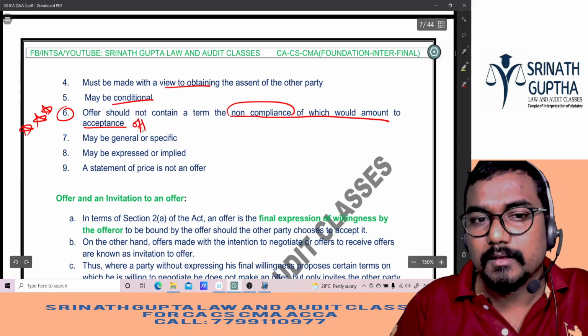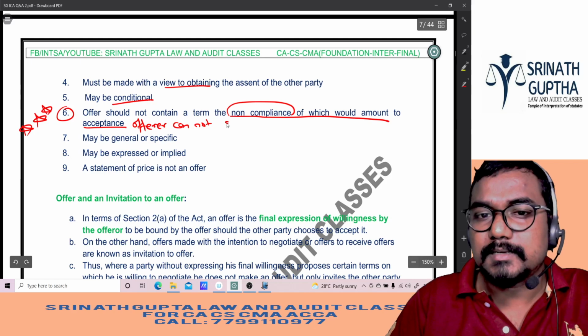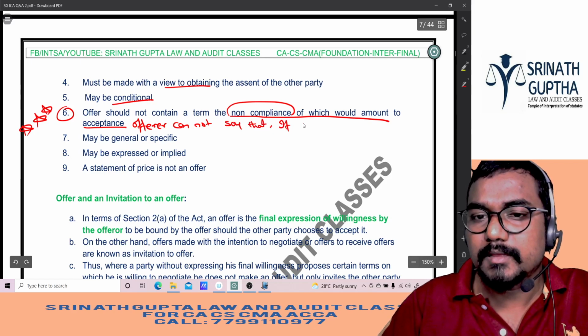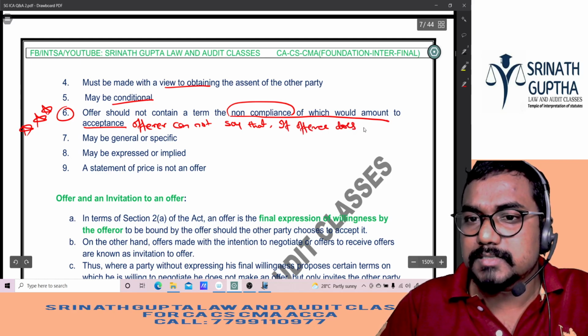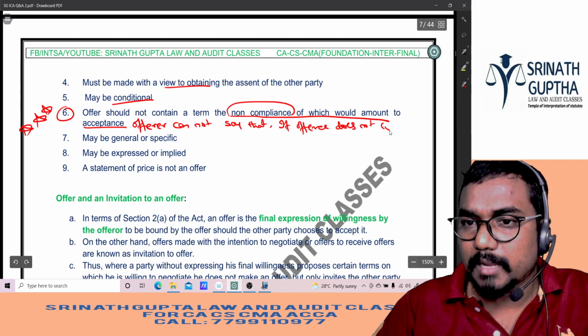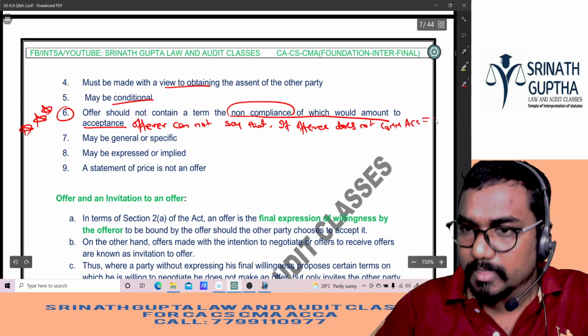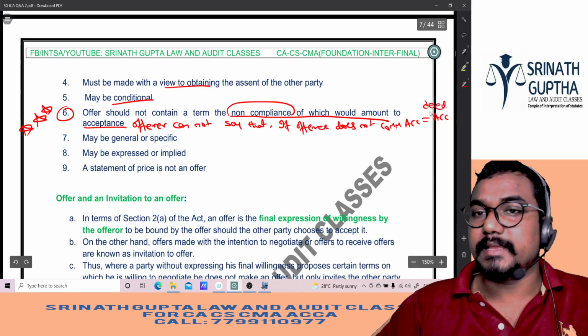Offerer cannot say that. If the offeree does not communicate acceptance, that equals acceptance. That is deemed to be acceptance. He cannot say like that beta. Okay?